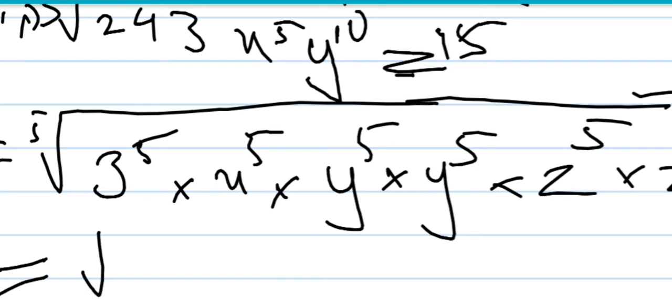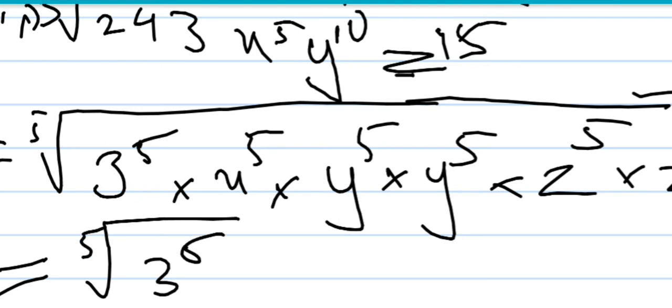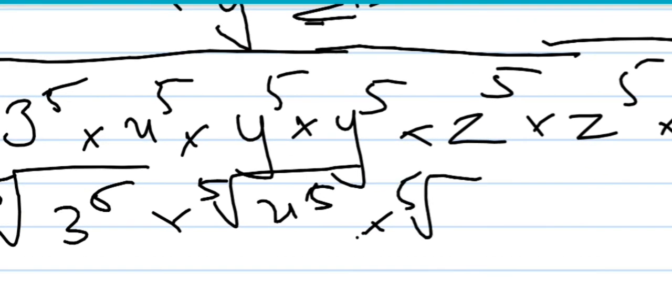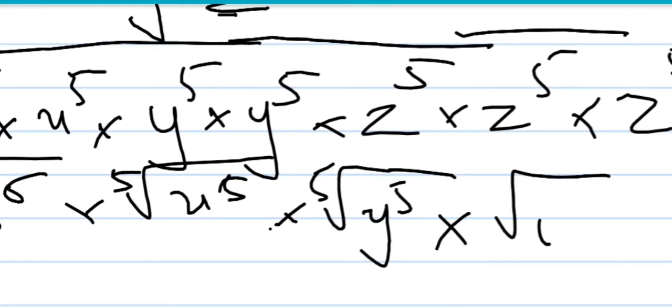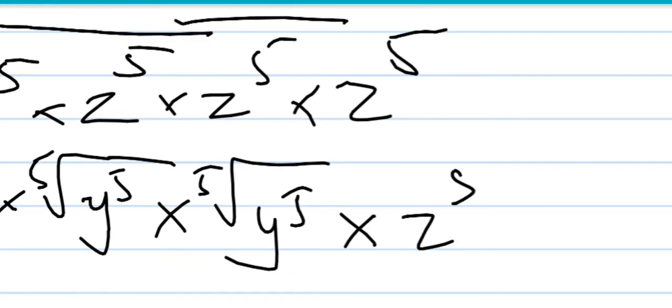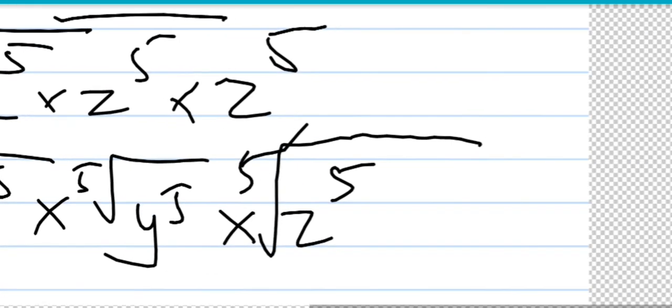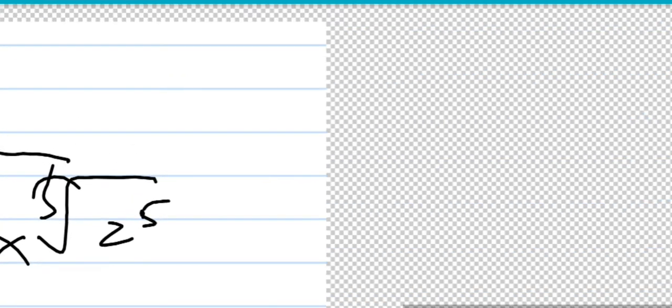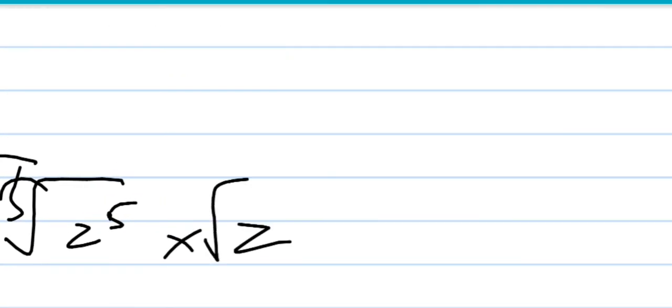So we'll bring in the change: 3 power 5 and multiply x power 5, multiply under y power 5 and multiply y power 5 and multiply z power 5 and multiply z power 5 and also getting multiply z power 5.